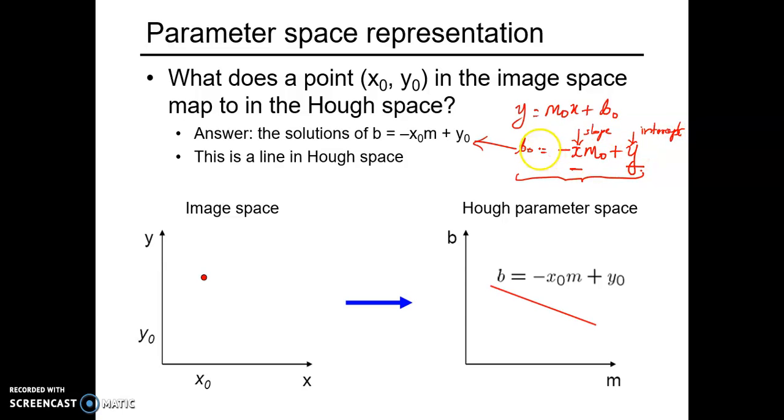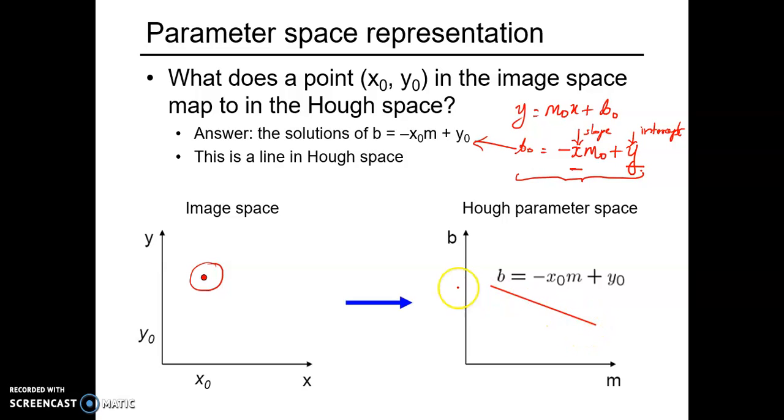So if I rewrite the original equation in the image space as an equation in the parameter space, with b0 as the output and m0 as the input, minus x as the slope and y as the y-intercept, then corresponding to that particular point in the image plane, I get a line represented by this red color.